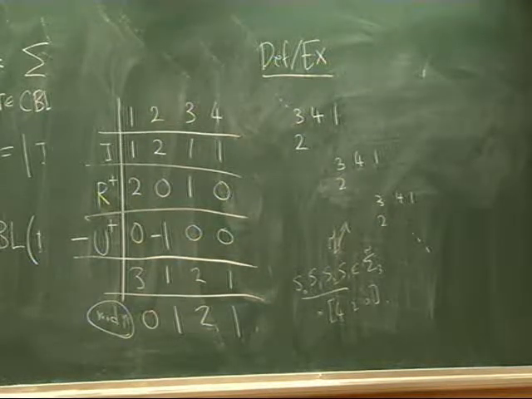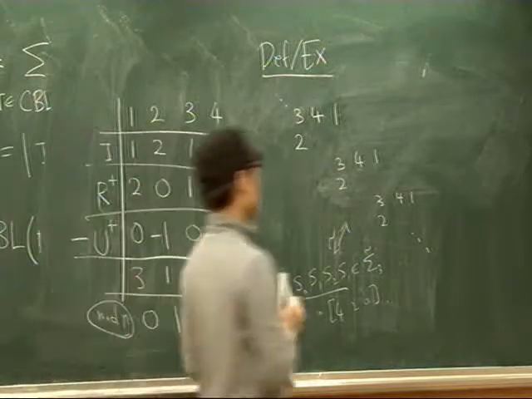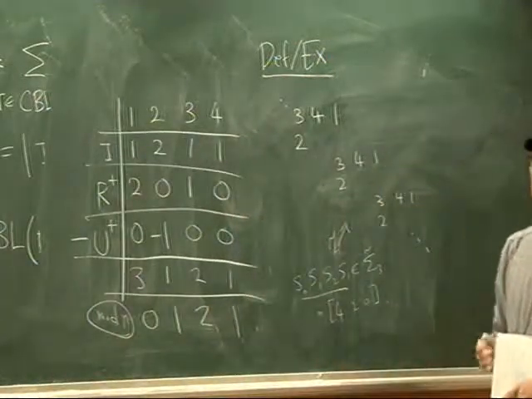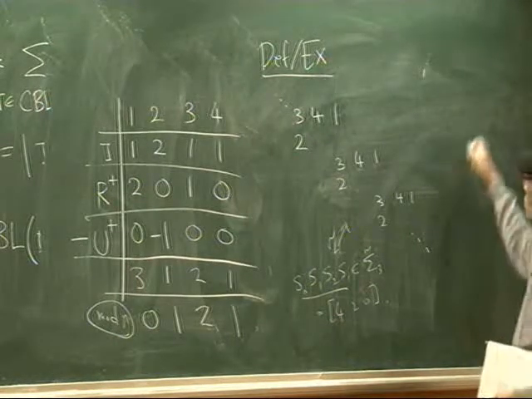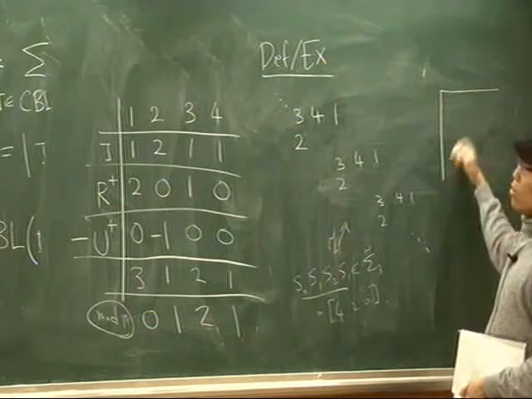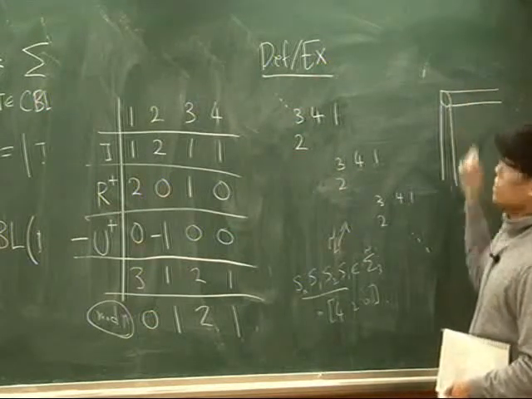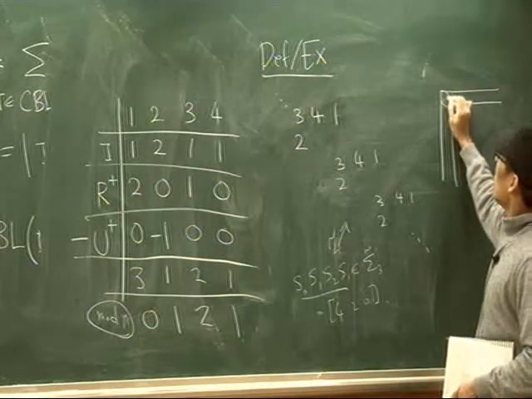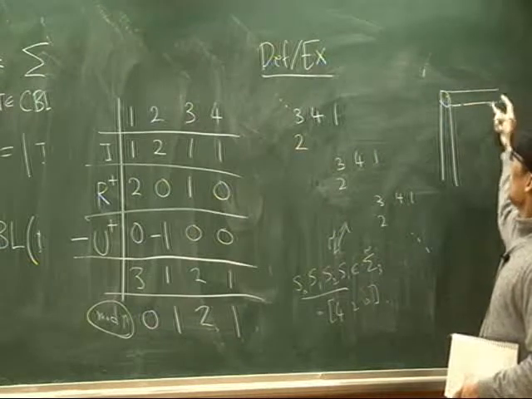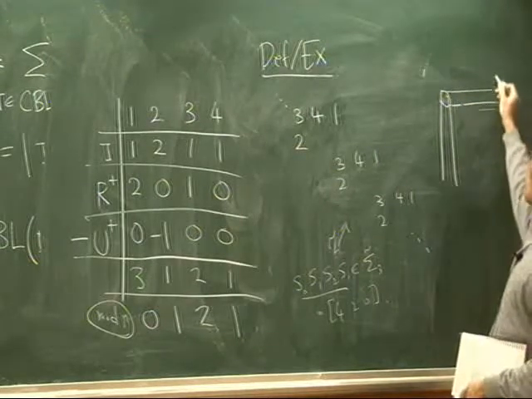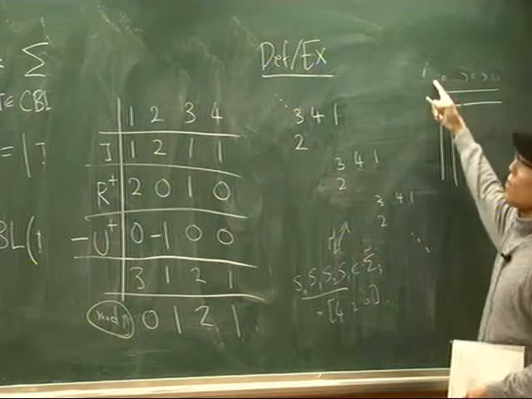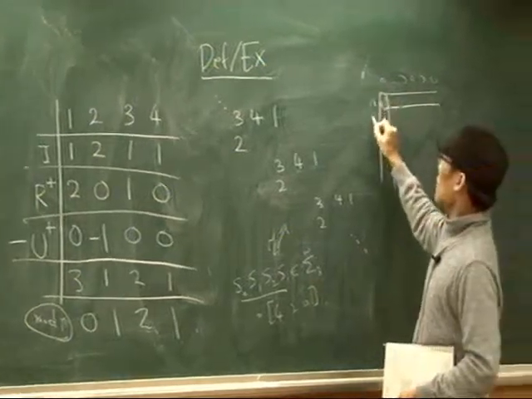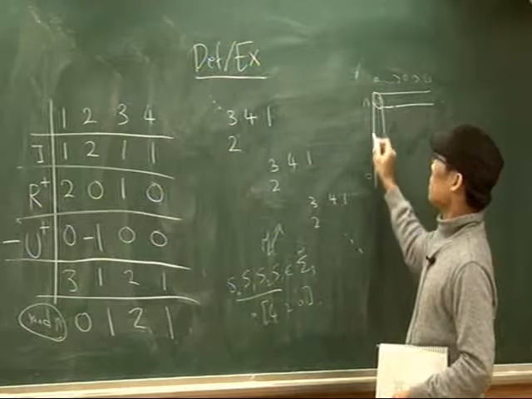Can you repeat the definition of balanced? Okay. So in this hook of i, j, we rearrange all the numbers in here so that they increase from right to left and increase from top to bottom.